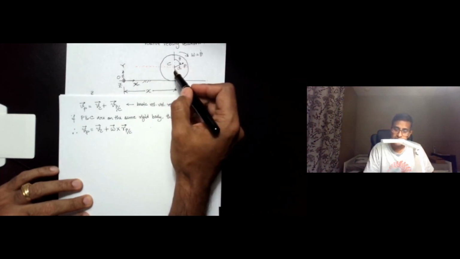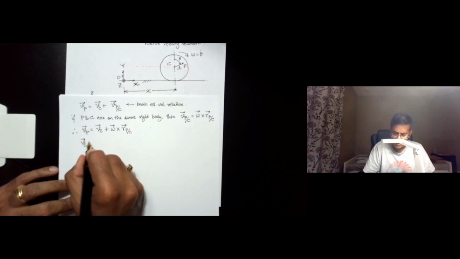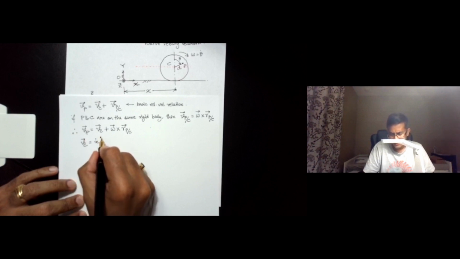In fact the location of the point C is x, so we can directly say that V_c is nothing but x dot i.